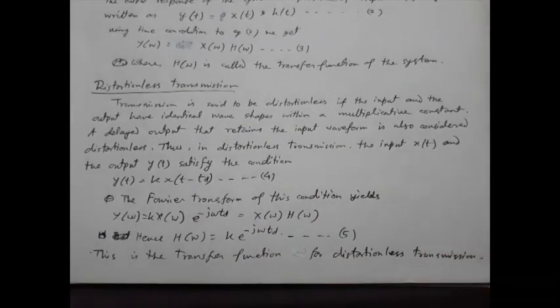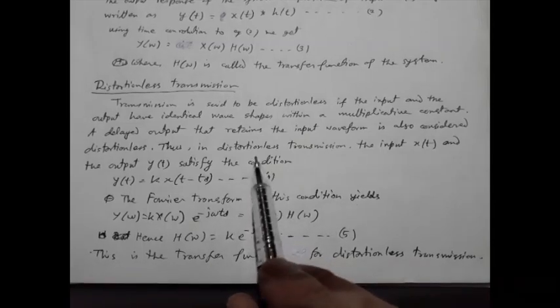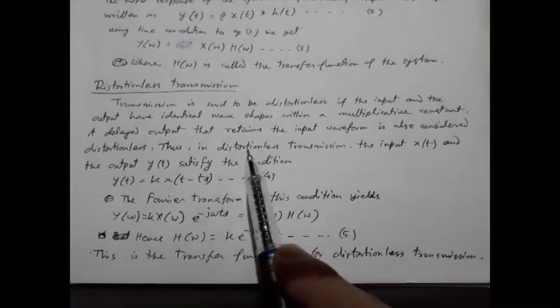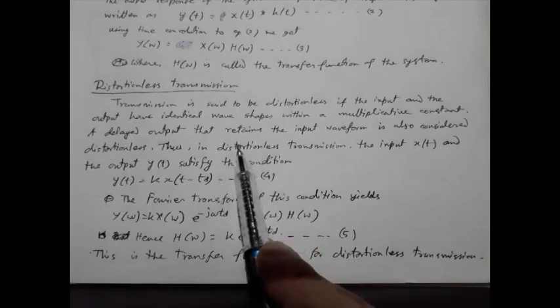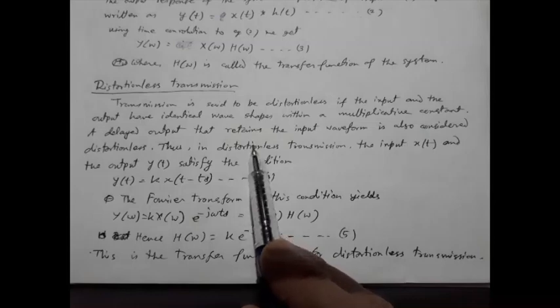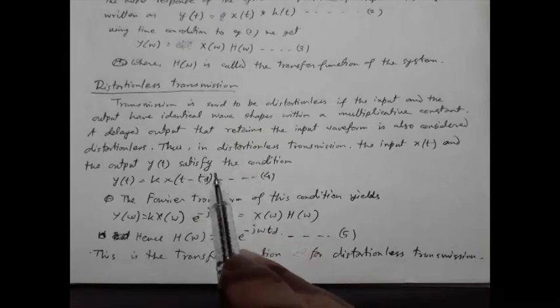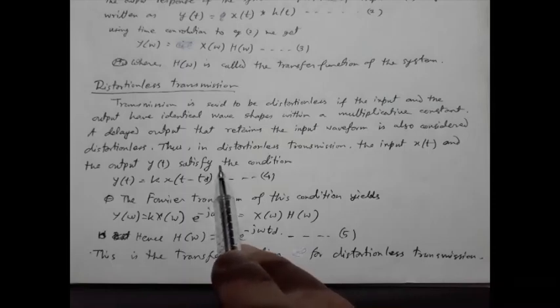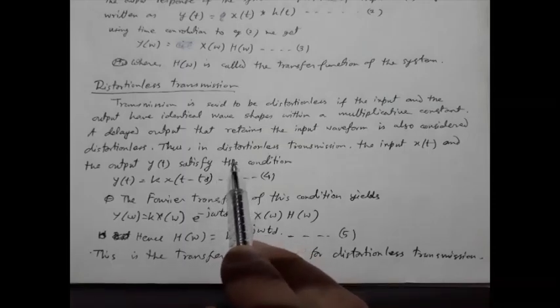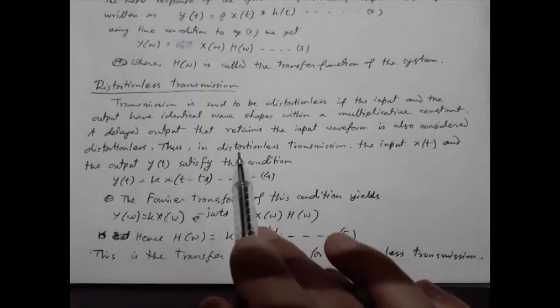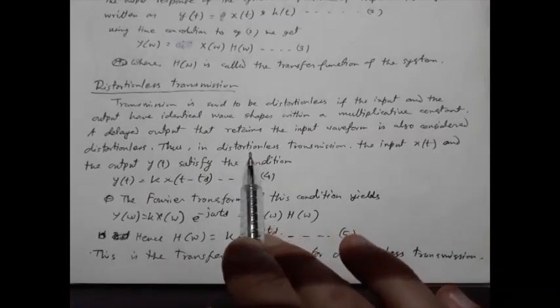Now consider distortionless transmission. A transmission is said to be distortionless if the input and the output have identical wave shape. That means there should not be any change in wave shape. The wave must retain its original shape.